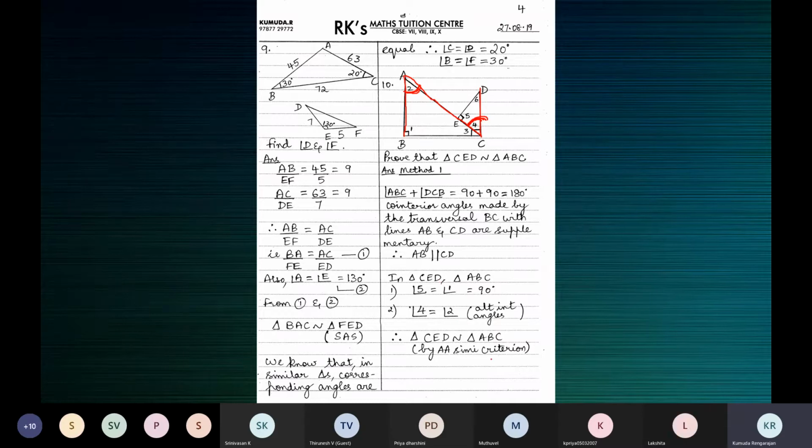What is important is the way you name the triangles when you use the similarity symbol. The order in which you name the triangles is very important. We know triangle ABC is the same as triangle BAC. Triangle ABC, BAC, CAB, CBA all refer to triangle ABC. It can be called BCA, BAC, CBA, CAB, all represent the same triangle.